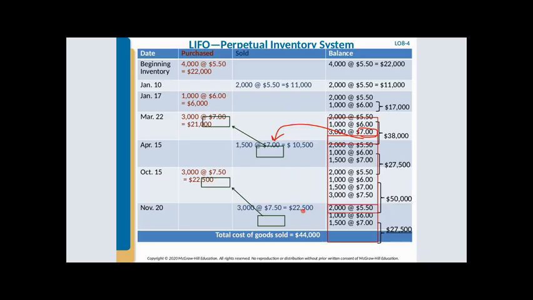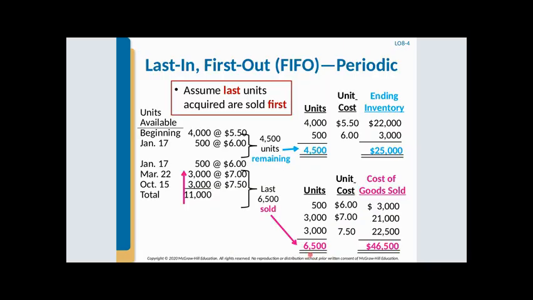We have another sale here, so this is also going to come out from the latest one. It's right there. And then the oldest layers will remain in our inventory. So cost of goods sold and ending inventory under LIFO perpetual is different from periodic.